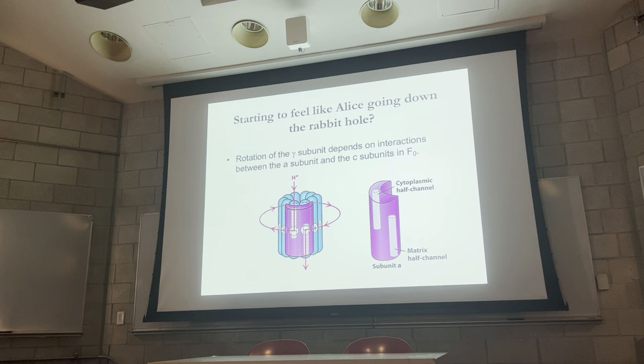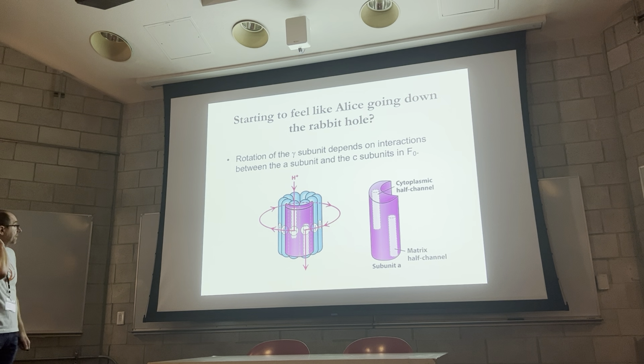Okay. All right, so now let's address how rotation occurs. Now we're looking at the F0 segment. We have our ring, our old-fashioned donut of C subunits, and that is going to interact with what they call the A subunit, shown in purple.